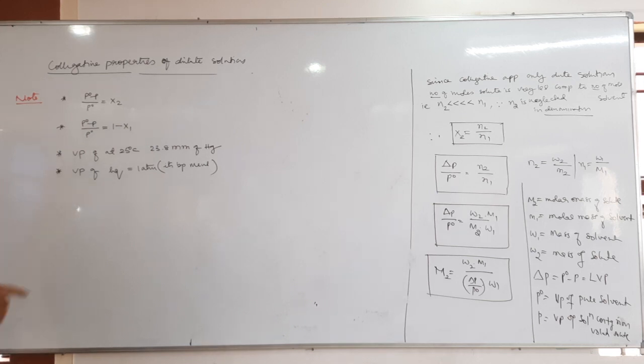So indirectly the P value given is 1 atm, or nothing but 760 mm of mercury.